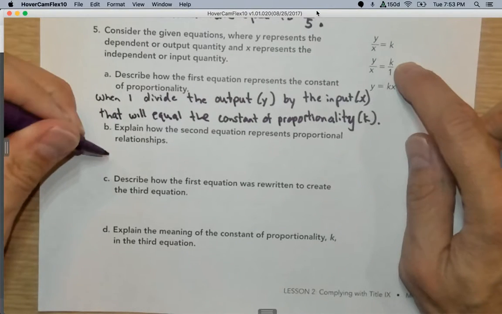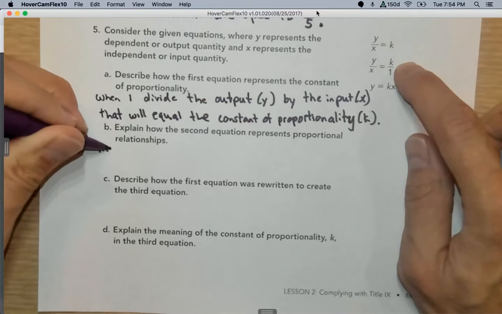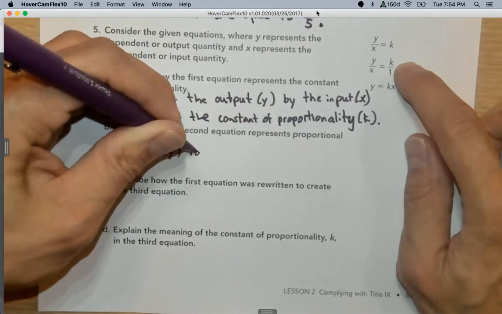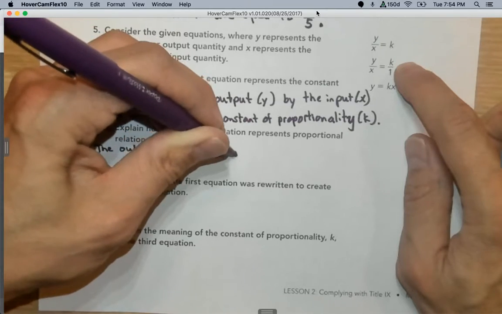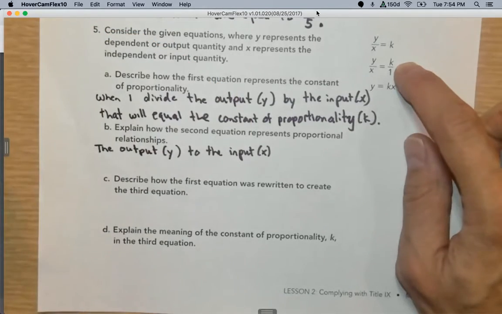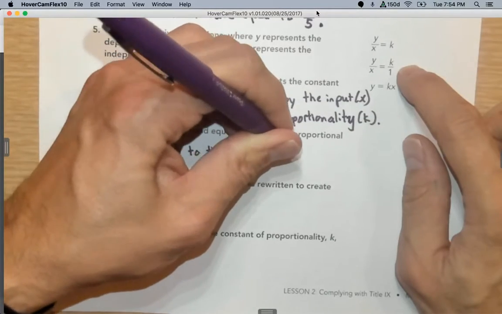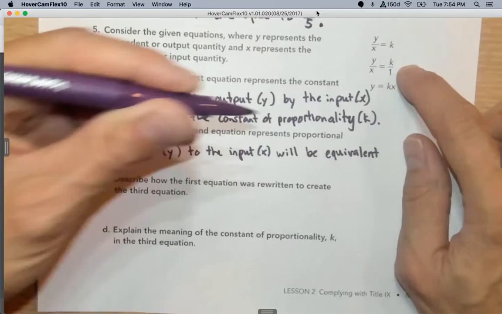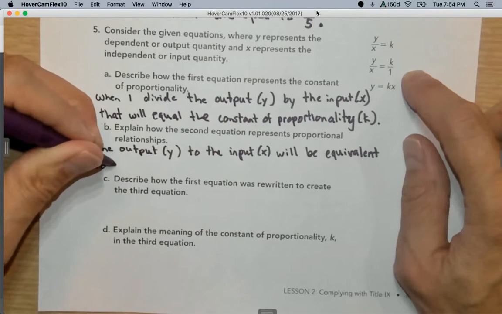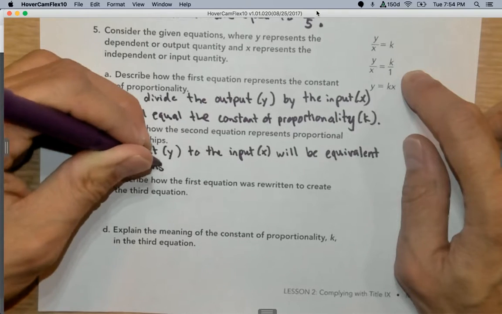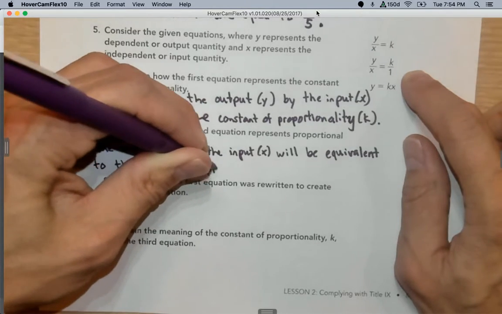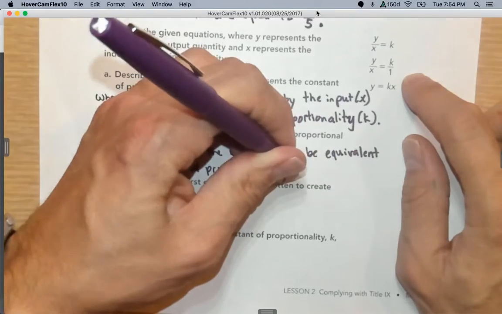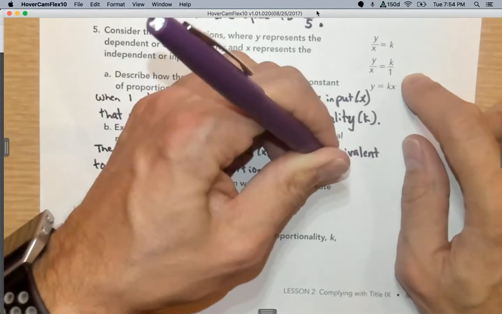So the output y to the input x will be equivalent to the constant of proportionality k over 1. Okay.